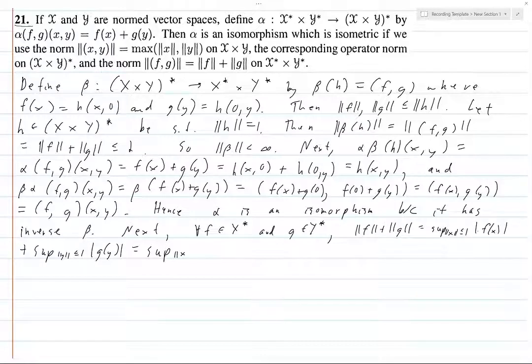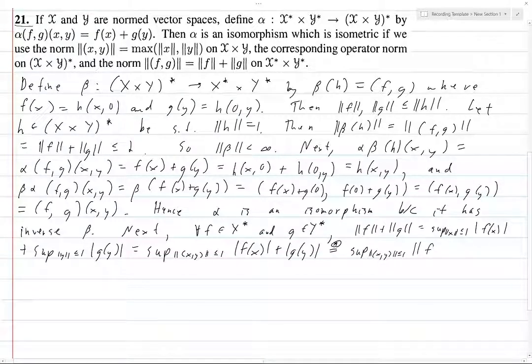The norm is defined so that this is precisely the sup over norm of (x,y) less than or equal to 1 of |f(x)| plus |g(y)|, equals, and then star, because we're going to come back to it, the sup over the same set of |f(x) + g(y)|. Now we bring them both inside the same norm, which should kind of startle you, and that's why I put the star there, because we have to readdress that. And this is precisely the norm of f plus g.